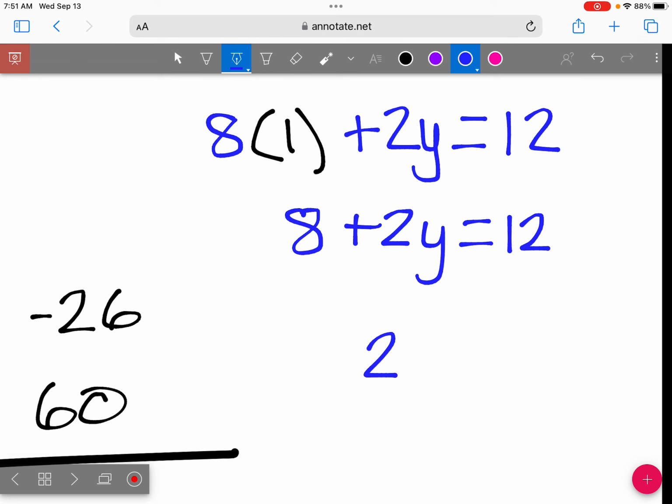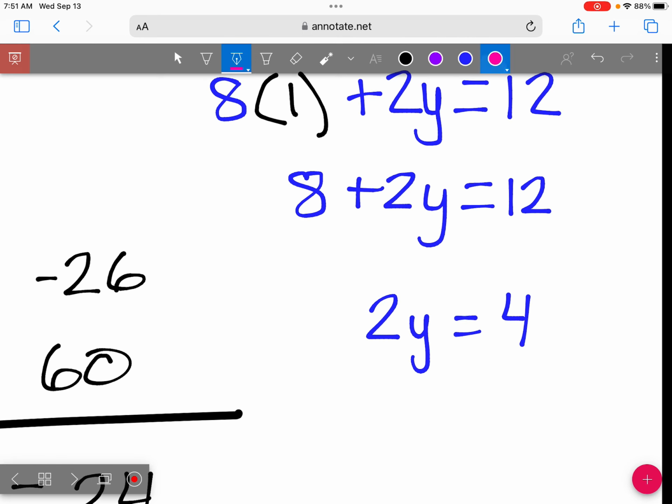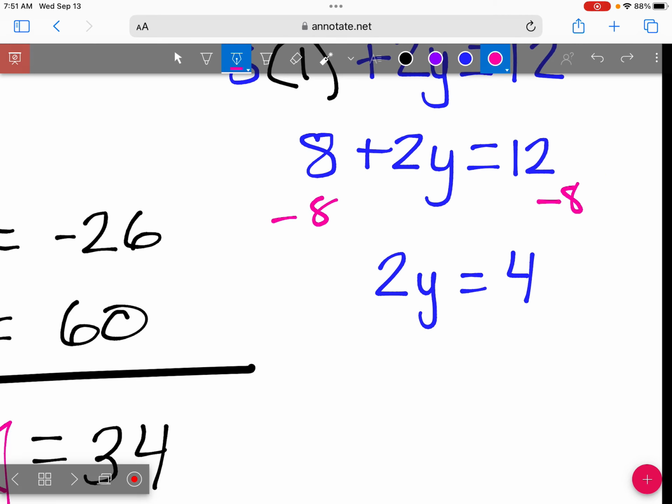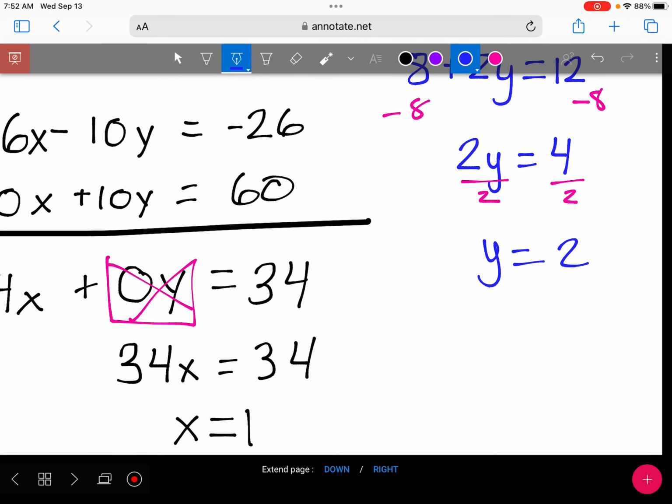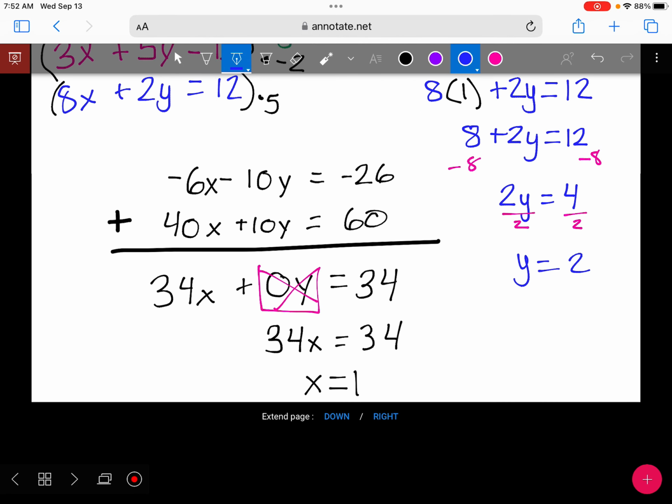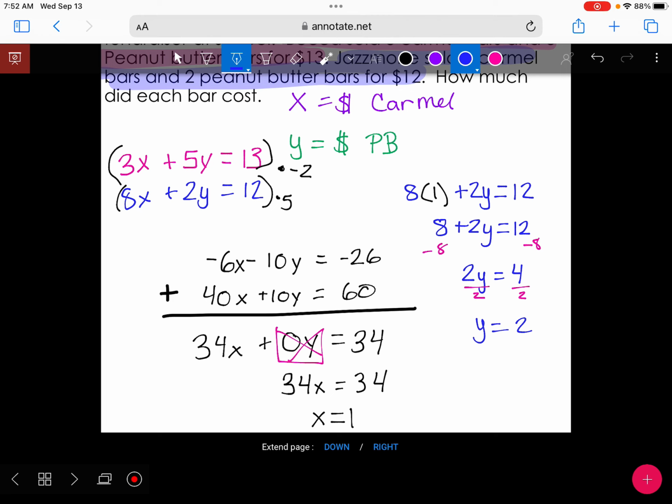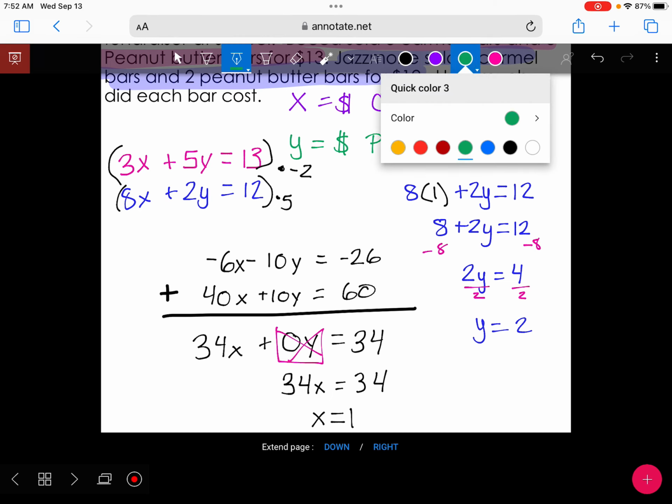So you're going to have 2y equals 4. Then we divide by 2. And we get that y equals what? 2. So we have x equals 1 and y equals 2. So how much does a caramel bar cost? $1. How much does a peanut butter bar cost? $2.